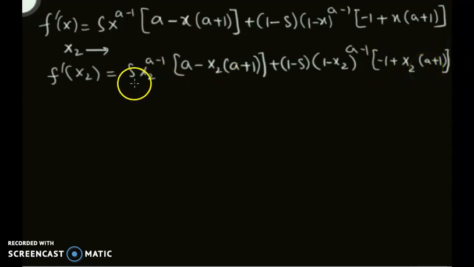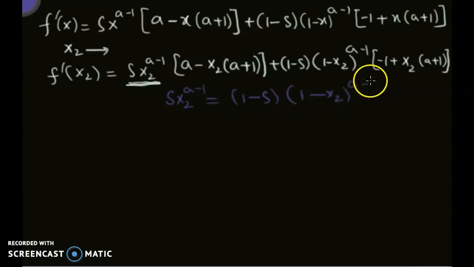But we know previously that for x2 we had a relation, and the relation was this one, s times x2 to the a minus 1 was equal to 1 minus s times 1 minus x2 to the a minus 1.